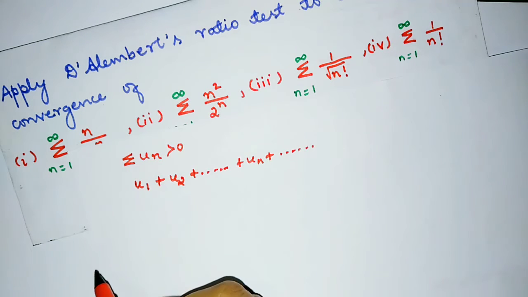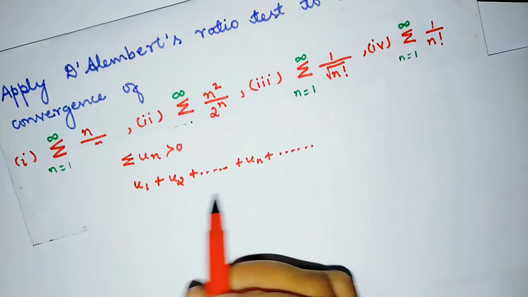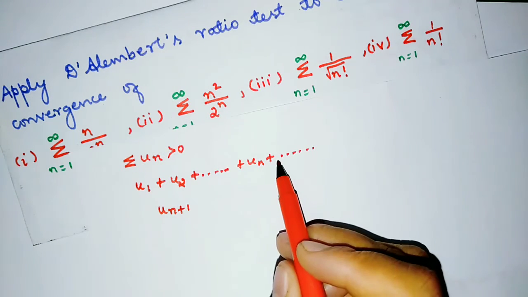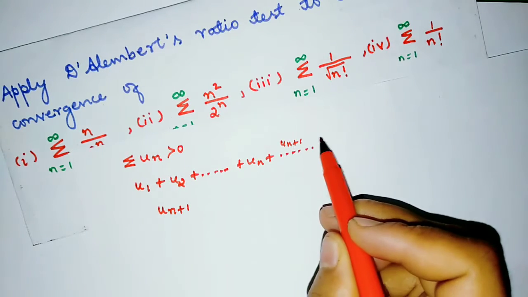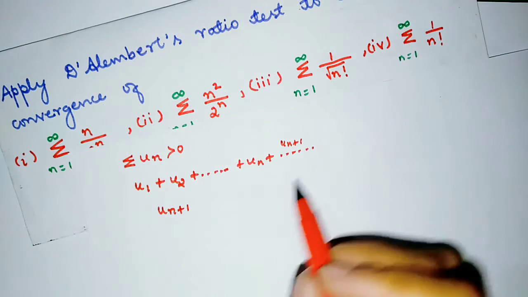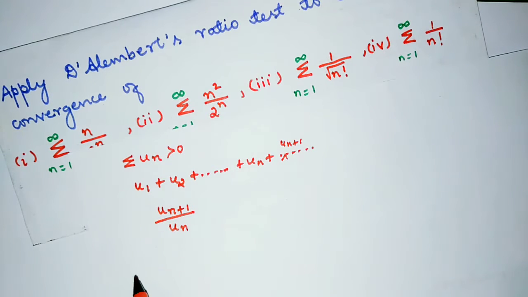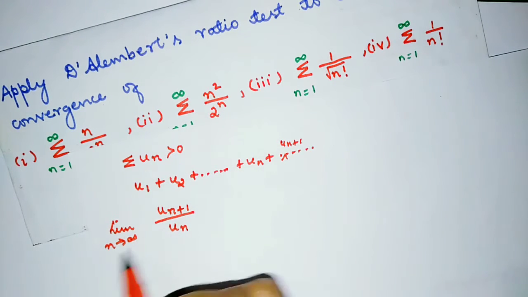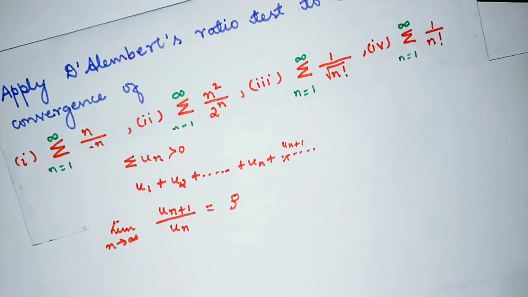Now, for the ratio test we have UN plus 1, that means UN plus 1 would be here, UN plus 2, and so on. Divide by UN and then take the limit. We will get some value here, say rho.